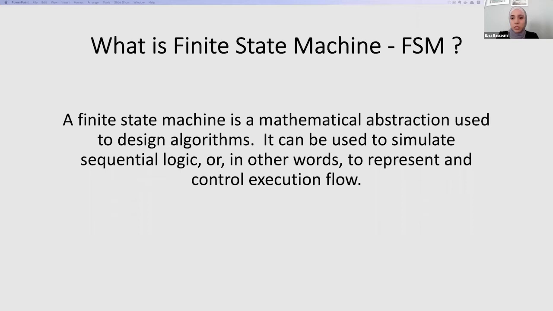One of those computational abstraction methods that you can use is the finite-state machine. It's a mathematical abstraction method or model you can use to visualize your code in a sequential logic. In other words, you can present your code and your app, and you can have control execution over the flow of the app.